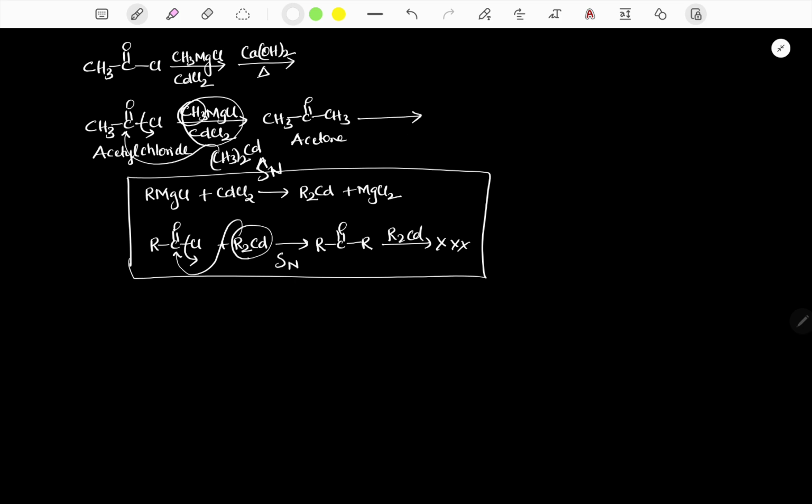Now it is treated with calcium hydroxide and heat. So whenever an aldehyde or ketone is treated with OH minus, if alpha hydrogen is present, we should think about aldol. If alpha hydrogen is not present, we should think about Cannizzaro.